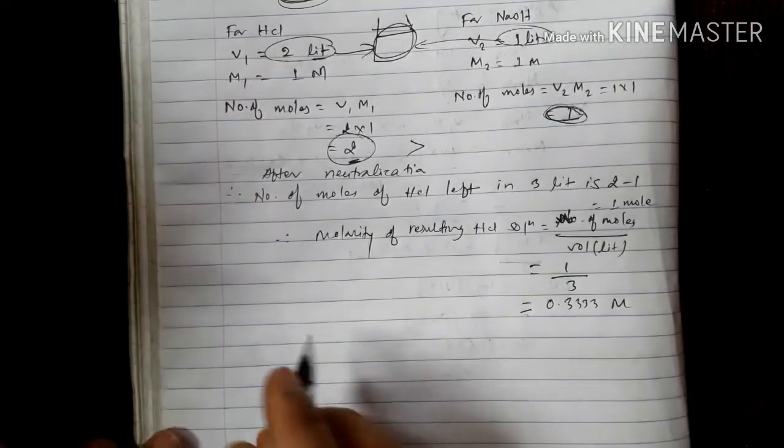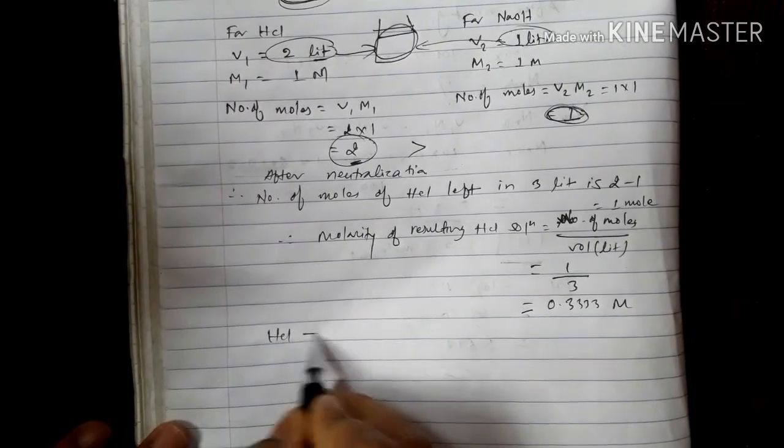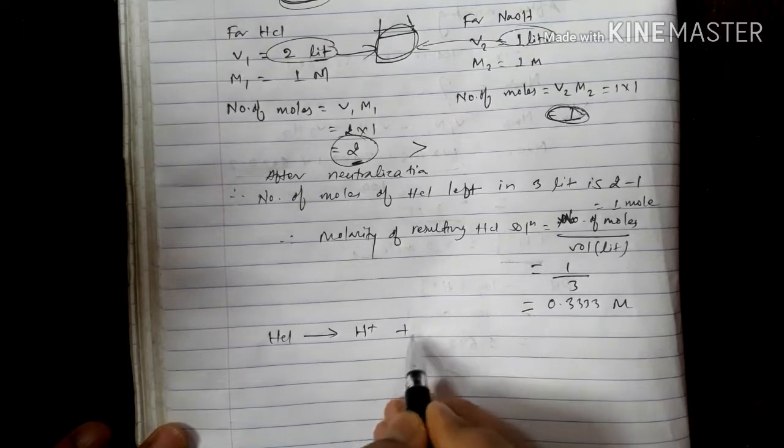Now HCl on ionization gives H plus and Cl minus.